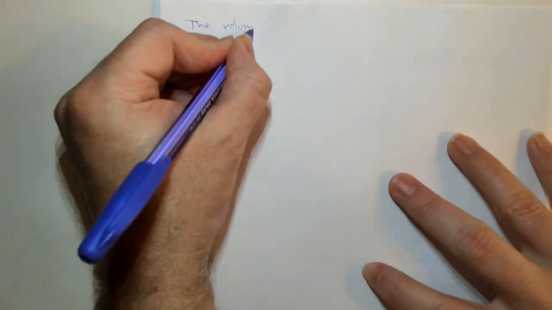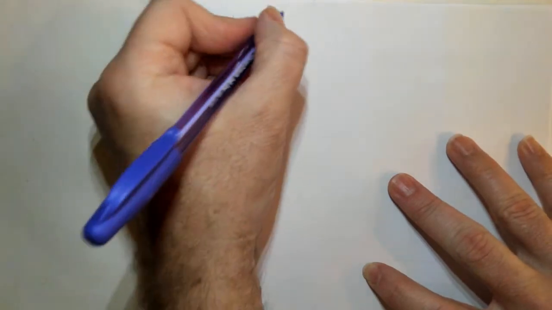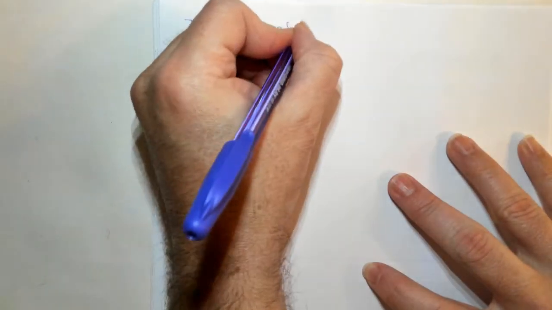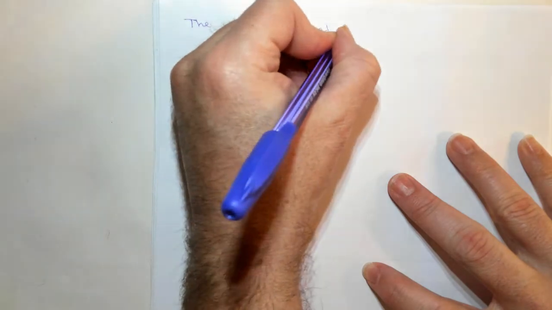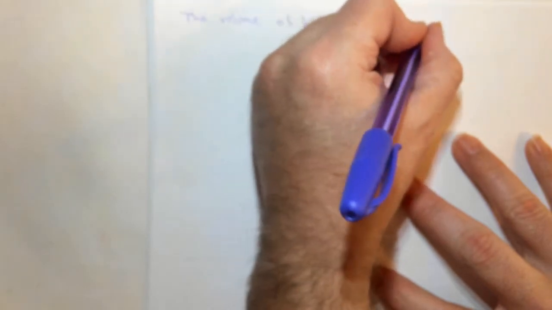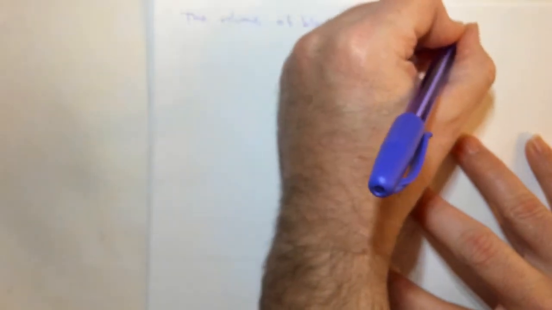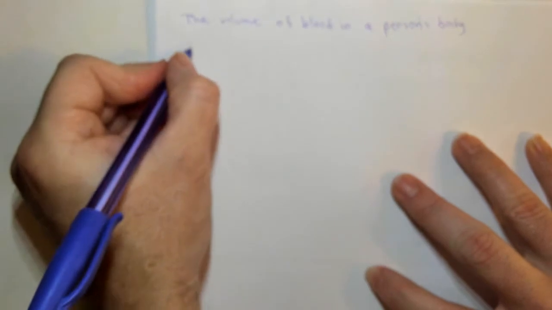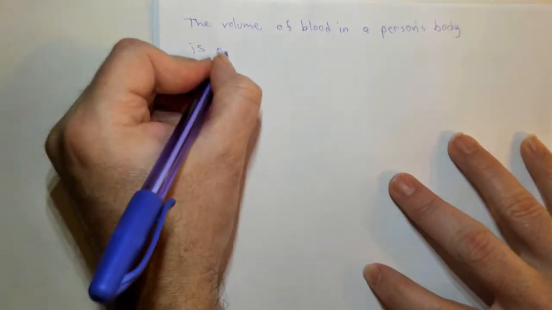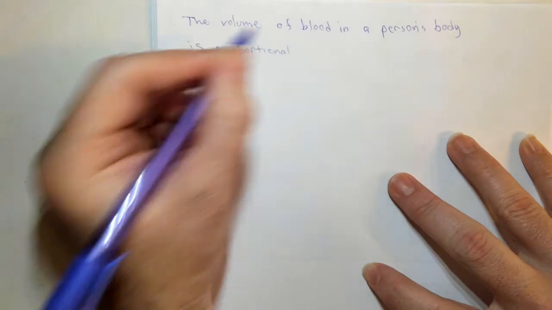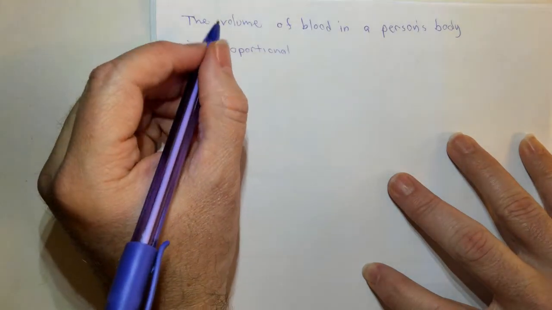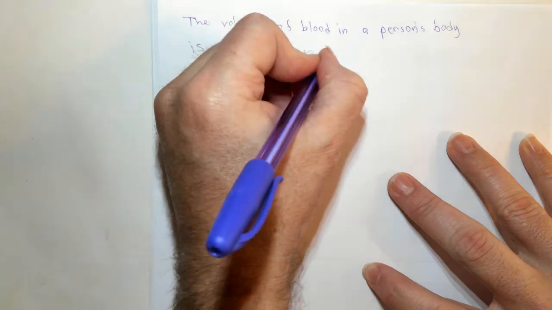The volume of blood in a person's body is proportional to body weight.